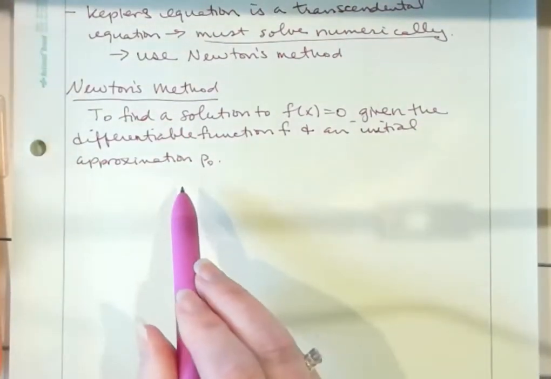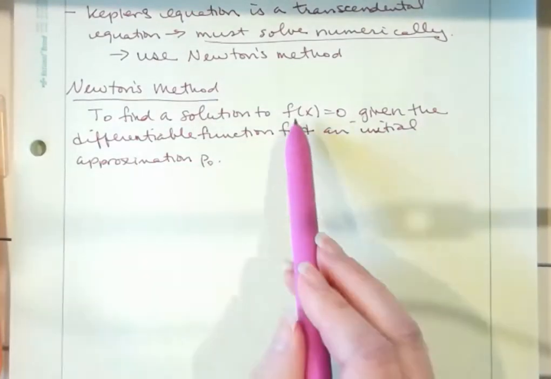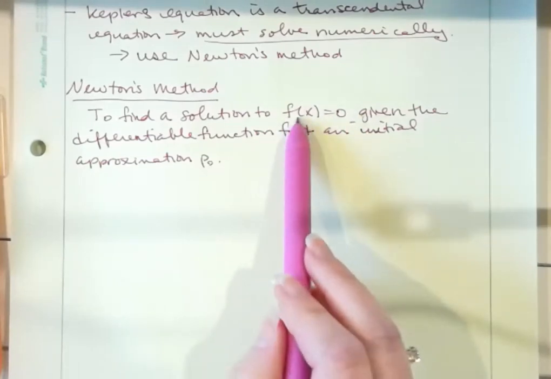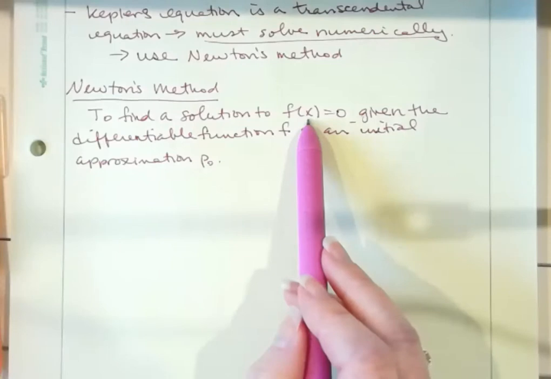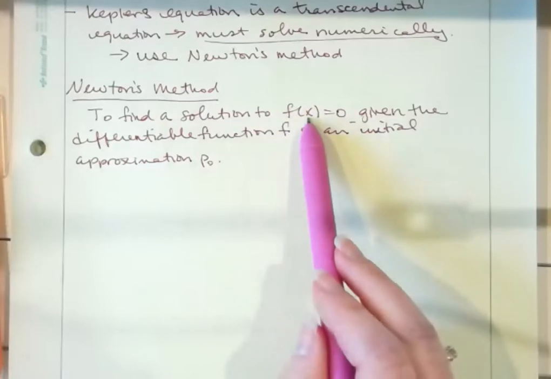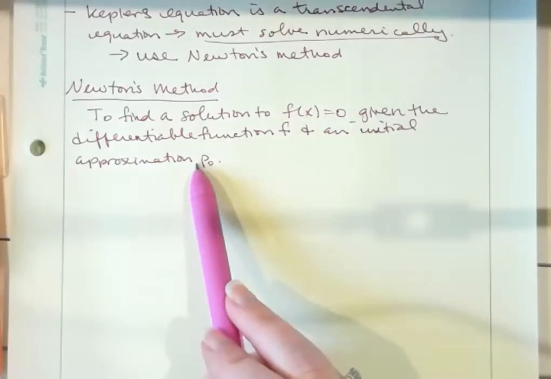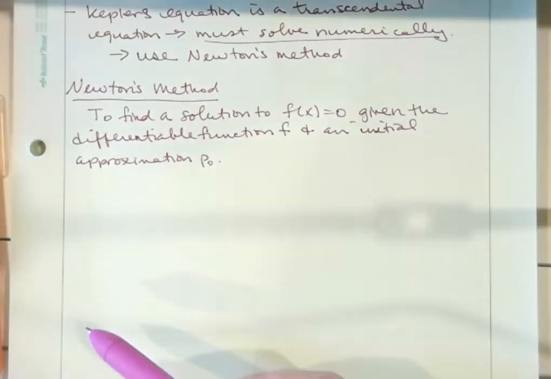You have to give the method a guess of where you think the solution is going to be. Essentially what this does is find the roots of an equation. You have your function set equal to 0, and it figures out what value of x makes that equation equal 0, so you're finding the zeros or roots of f. To do that you have to give it an initial guess. The closer your initial guess is, the quicker this method will work.